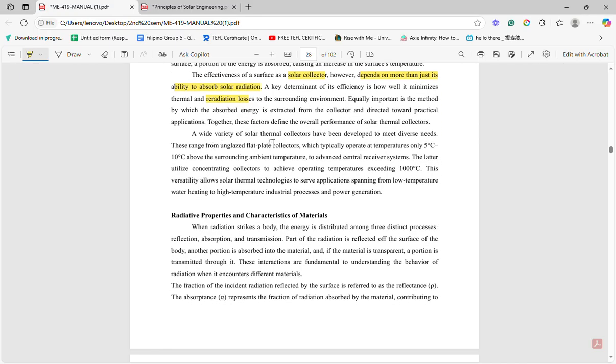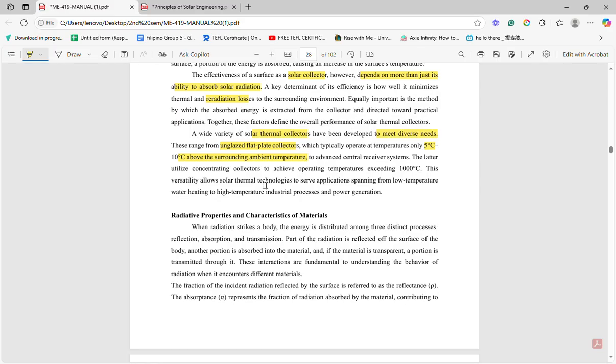A wide variety of solar thermal collectors have been developed to meet diverse needs. These range from unglazed flat plate collectors, which operate at 5 to 10 degrees above the surrounding ambient temperature, to advanced central receiver systems.